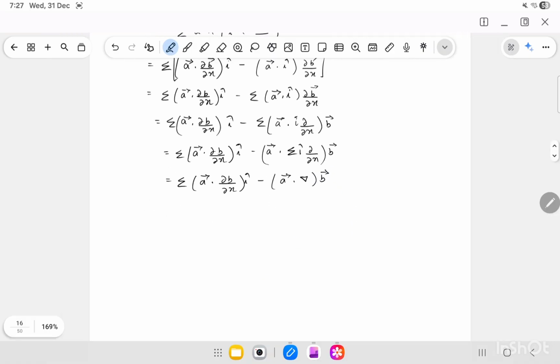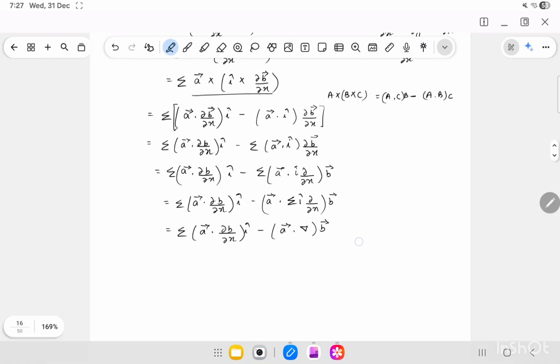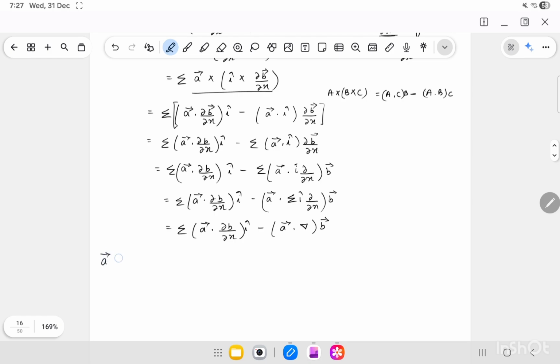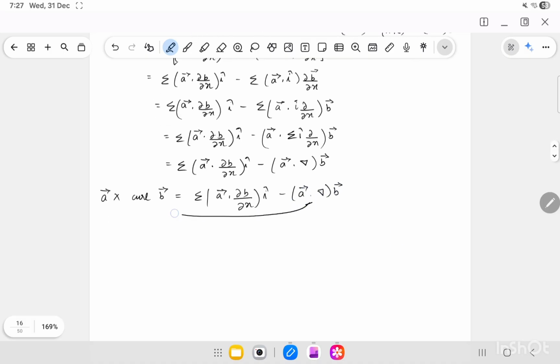Now we just evaluated a relation: a vector cross product with curl b vector is equal to summation a vector dot del b by del x i cap minus a vector dot del times b vector. If I take this term on the left hand side, it will be equal to this plus a vector dot del times b vector, which is equal to summation a vector dot del b by del x i cap.